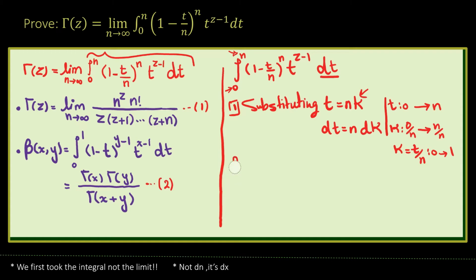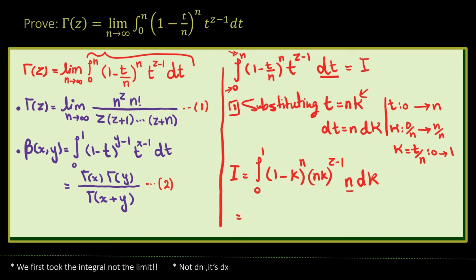Let's call it, for example, I. So I is equal to the integration from 0 to 1 of 1 minus t over n, which is k, raised to n, t as nk raised to z minus 1, dt as n dk.